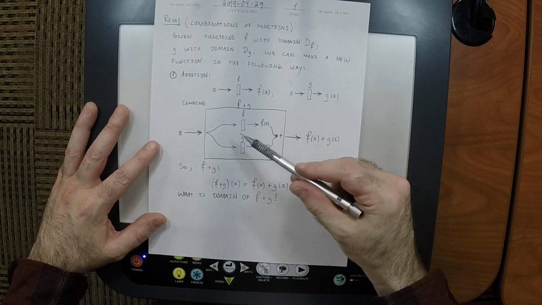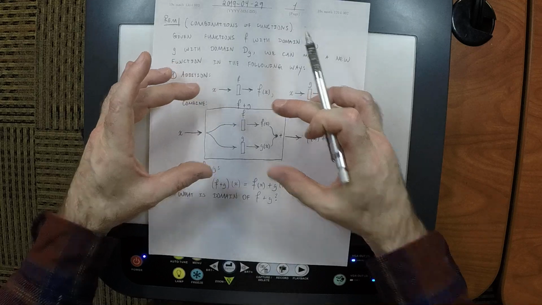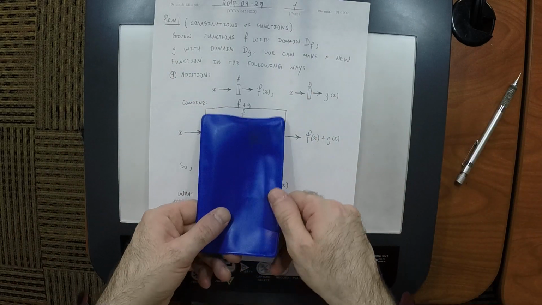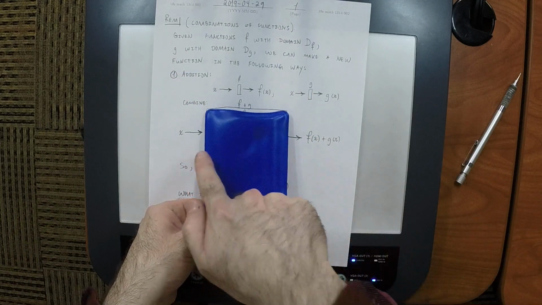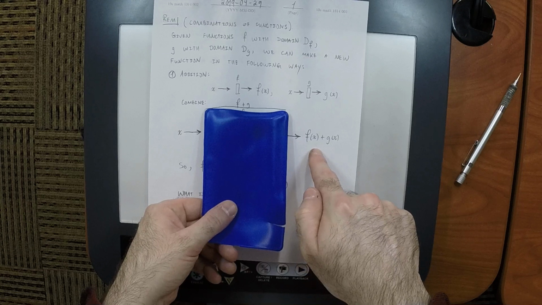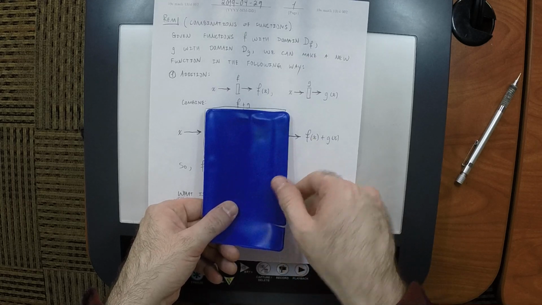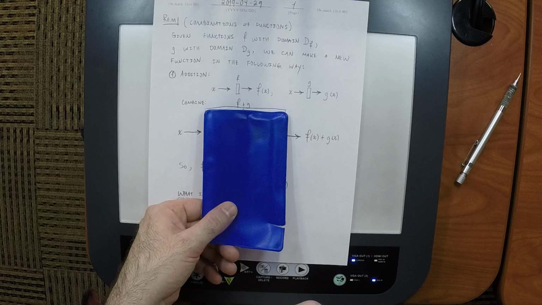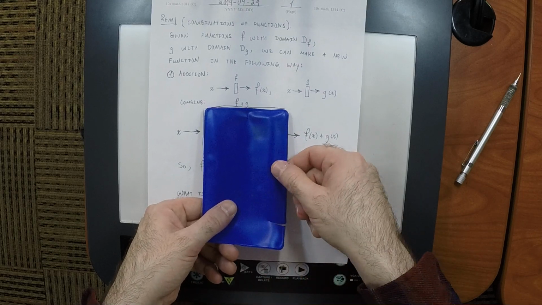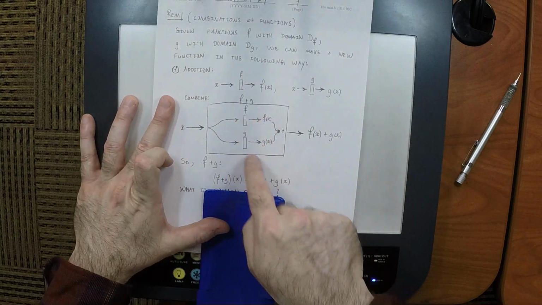So, if this is the f plus g machine, that's how it works, that's what it does. And if you take the cover off and look inside, like looking inside of your TV, you unscrew it and look inside and say, oh, look, that's how it works.